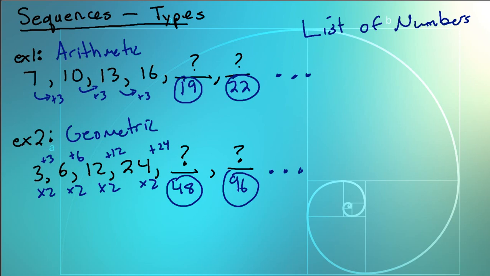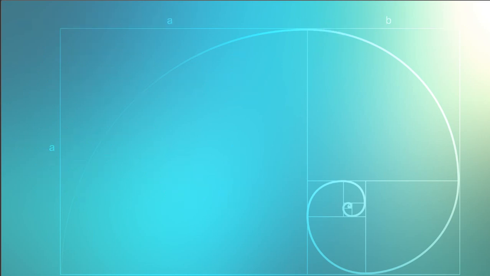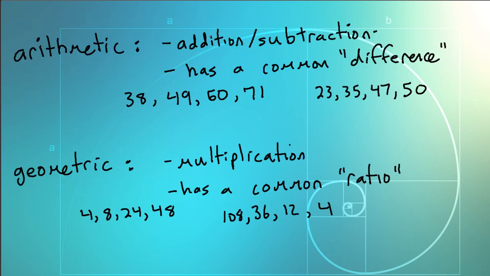So let's take a look at the properties of these two. So arithmetic, we are repeatedly adding or subtracting something, and that something is called the common difference. So right here I've set up 2, and what I'm wondering is, are they arithmetic? And if so, what is that common difference?